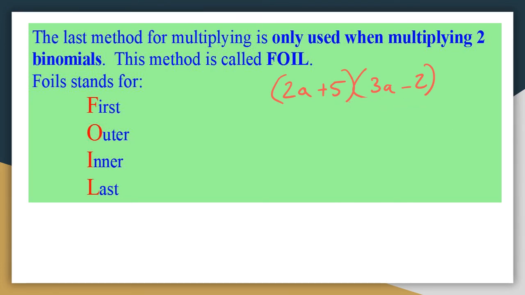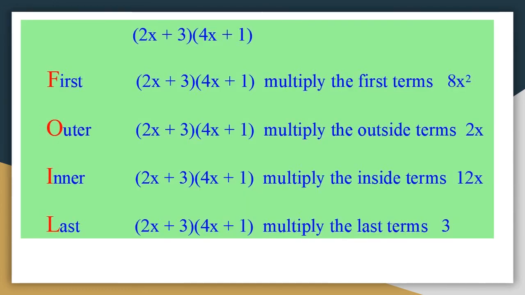But I'll show you because it's a potentially easier way to think about this process, specifically with two binomials. When we look at the word first, it means multiply the two first terms. So the two first terms of the binomials, 2x and 4x. That gives us 8x squared.